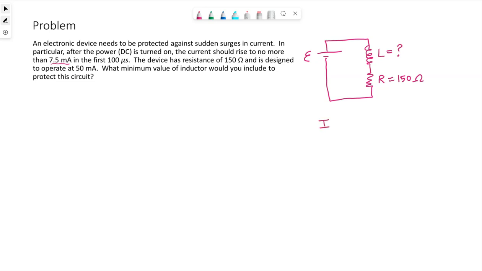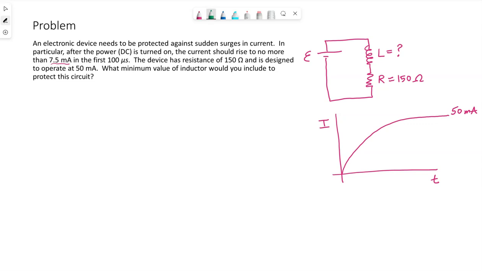What this means ultimately is if we were to graph the current as a function of time, we know the inductor doesn't allow current to instantaneously jump to its final constant value. This final constant value is the 50 milliamps. It's the current that the system or device is set to operate at.